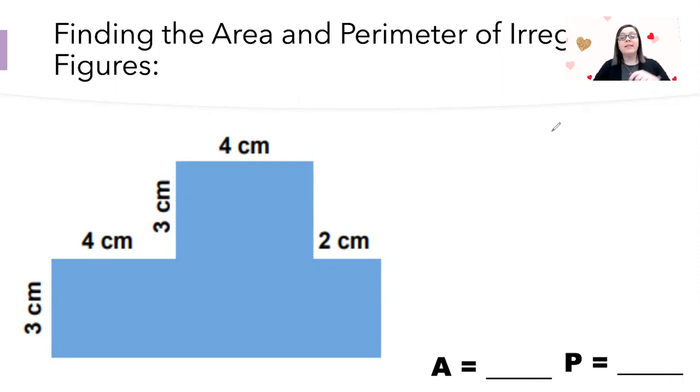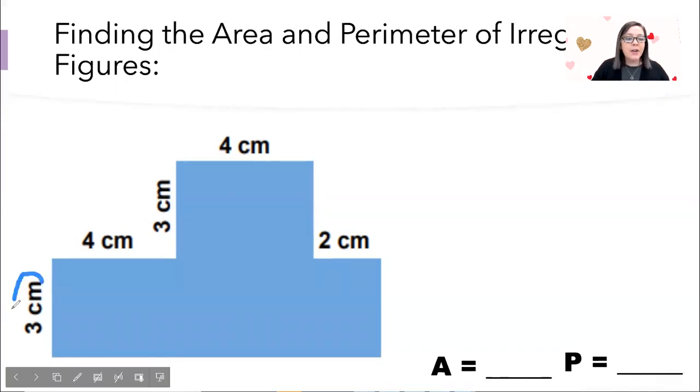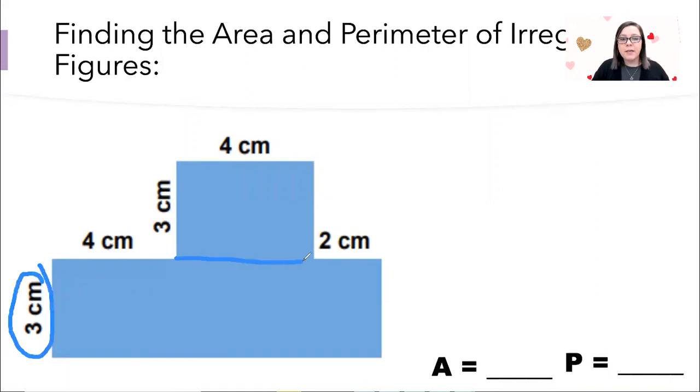So I see that I'm missing some of my sides. However, I can determine the size of those sides by looking at opposite sides. Remember, we said opposite sides are equal in squares and rectangles. So because this bottom portion down here is a rectangle, I know that the opposite side from this is going to be the same measurement.